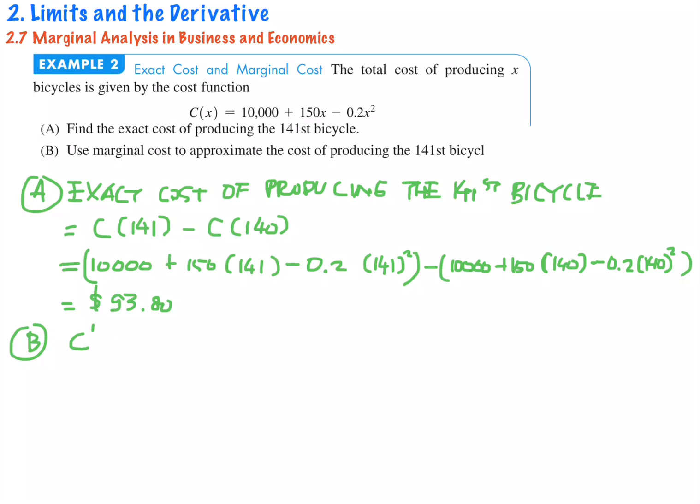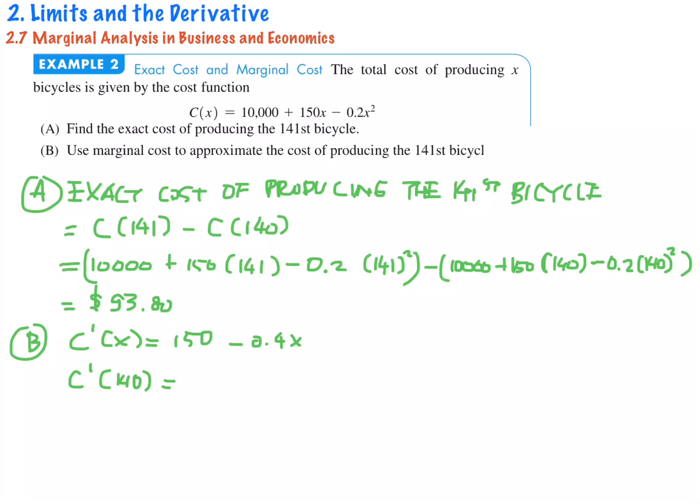What we need is C prime of X, which is the derivative: the 10,000 gives 0, and 150X gives 150, subtract 0.4X. Then C prime of 140, okay, this was wrong before. Why 140?